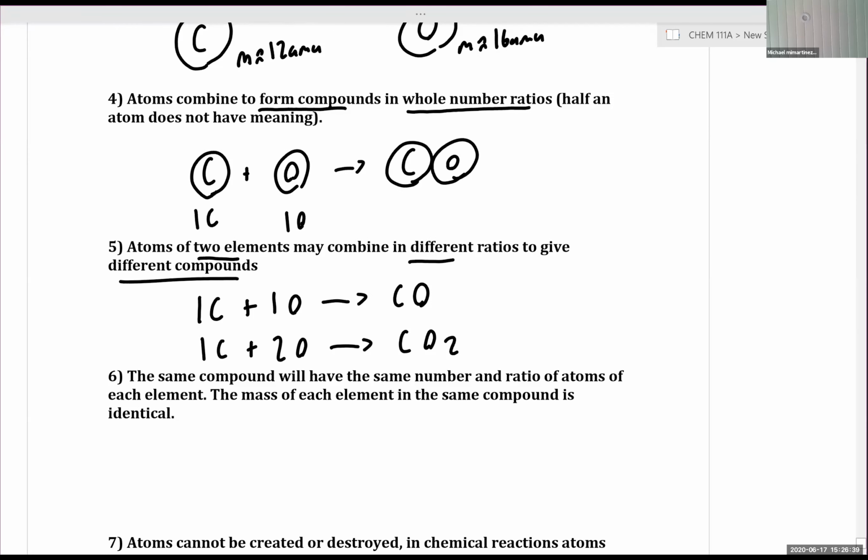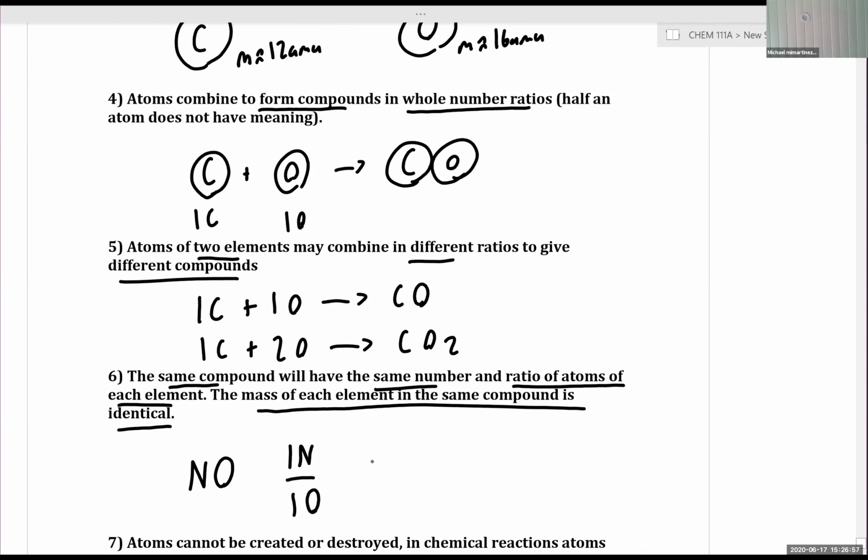Further, the same compound will have the same number and ratio of atoms of each element, and the mass of each element in the same compound is identical. So for example, if we're looking at nitrogen monoxide, it will have 1 nitrogen atom per 1 oxygen atom, and it will also have 14 grams of nitrogen for every 16 grams of oxygen.